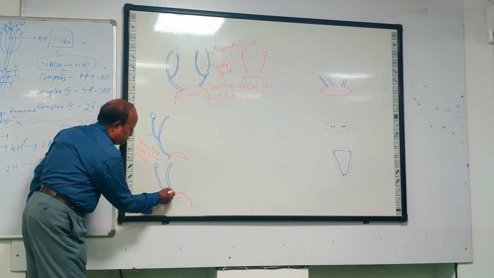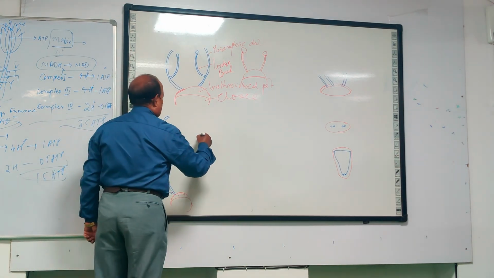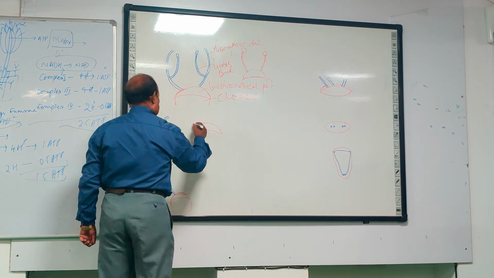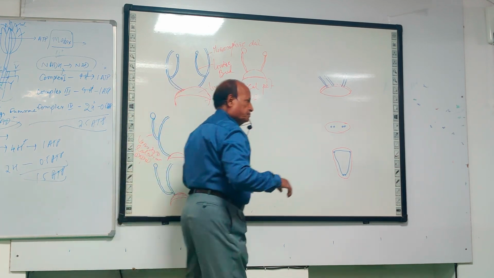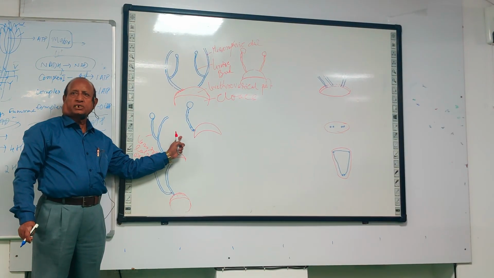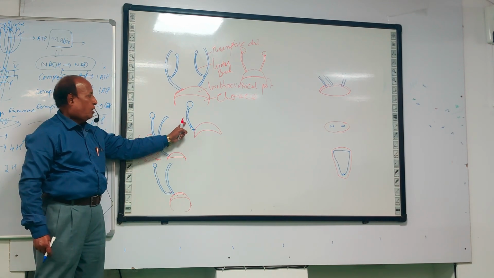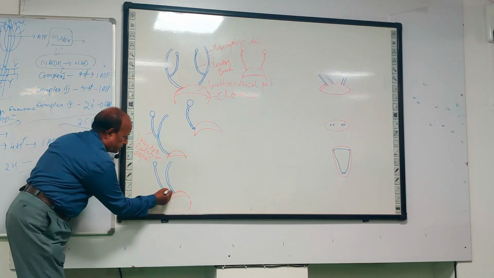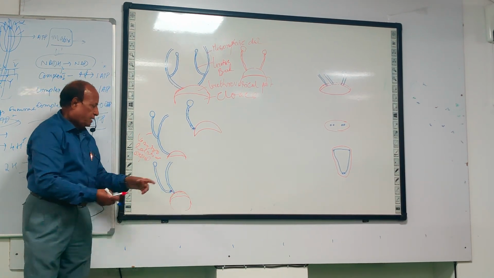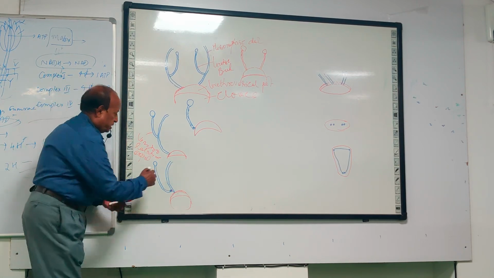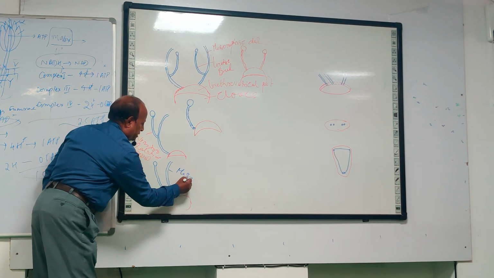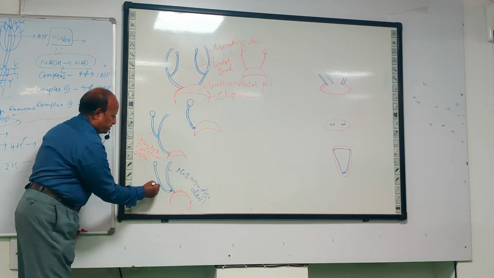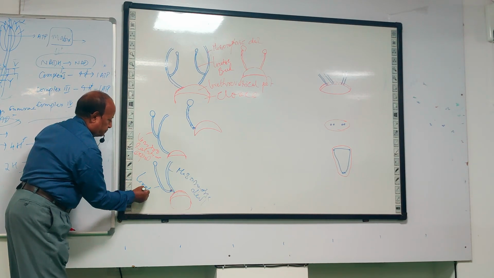Here, I will make one more diagram so that it will be clear to you. This structure shows the separation of the urinary bud from the mesonephric duct. This is the mesonephric duct, and this is the urinary bud.